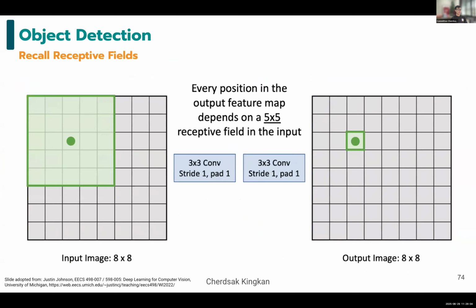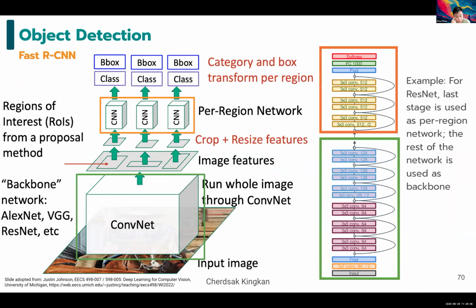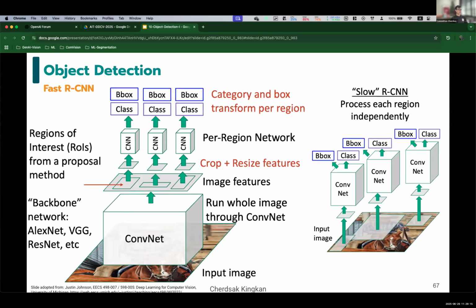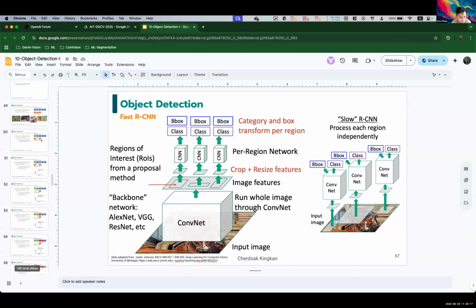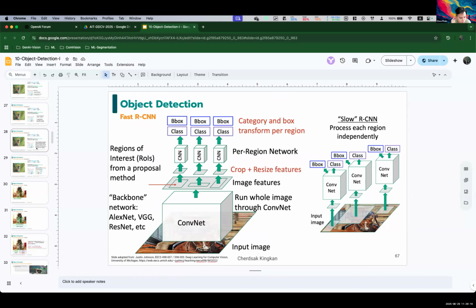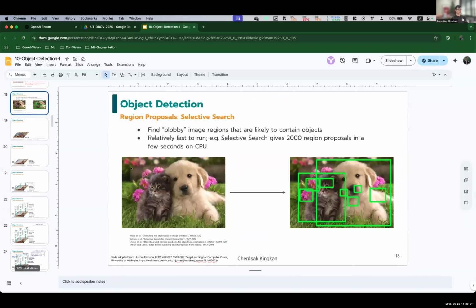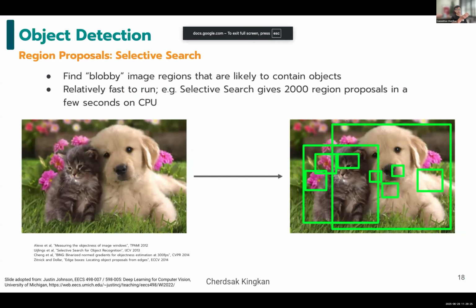Which one? The region of interest? Yeah, it's the selective search, the box, right? Yeah. Which means that the box will be, let me come up with this. This one. Okay. So this is what we call region of interest, or the region proposal methods.